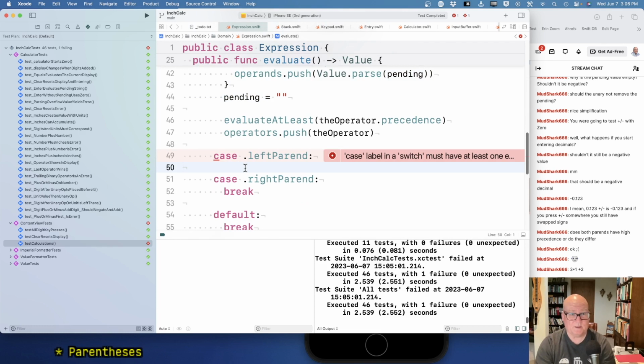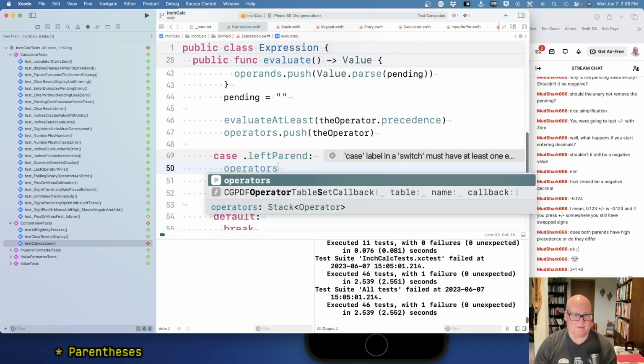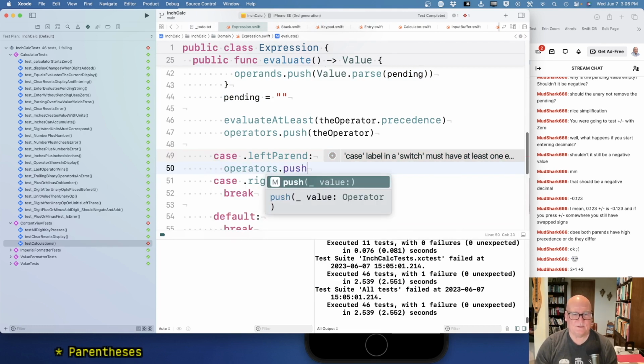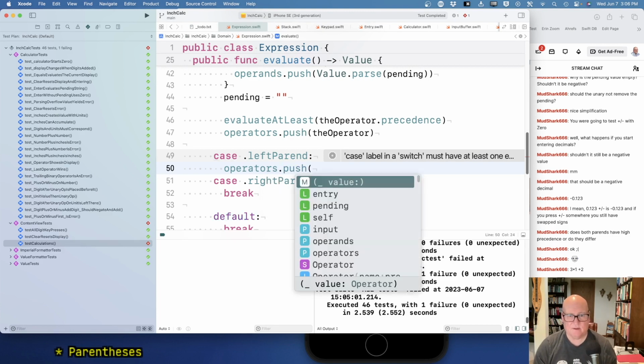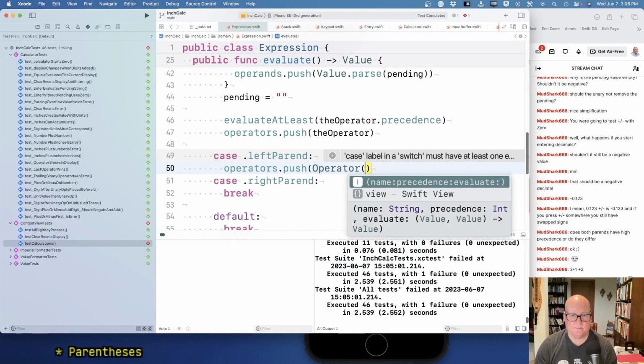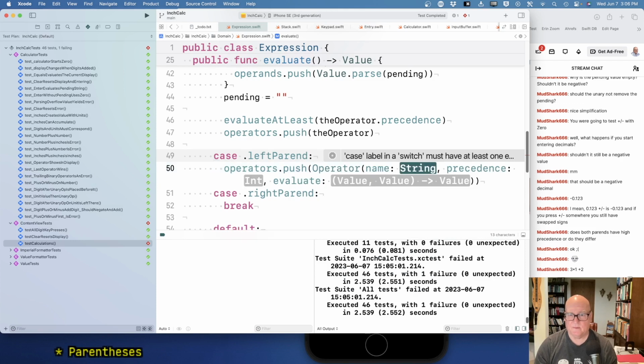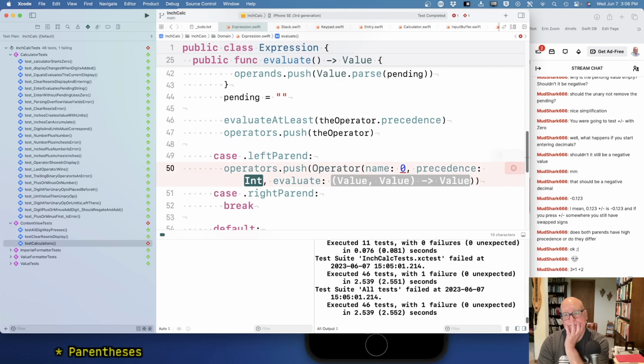We're going to have to, but operators.push. I guess it is an operator. Name 0, precedence. Oh, thank you.